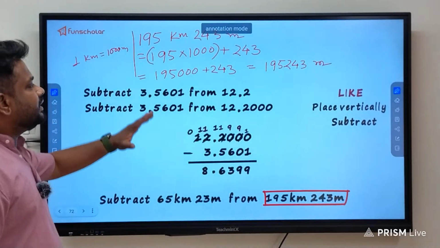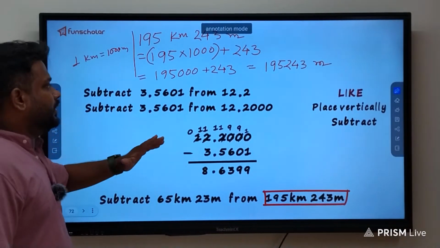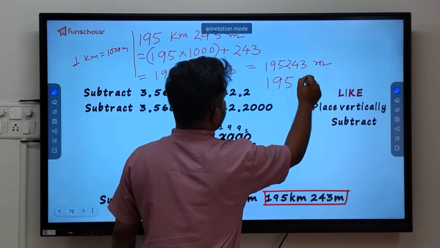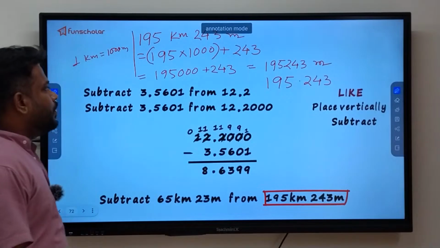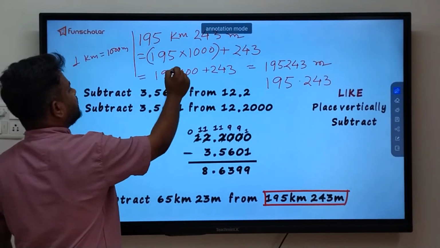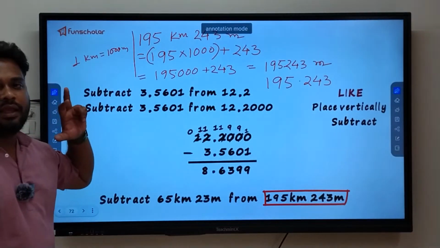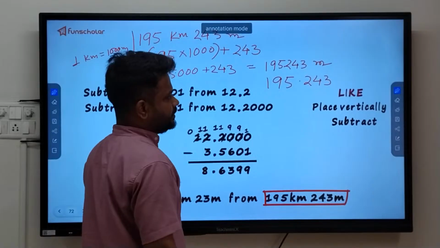Okay, but just look at it carefully, that we can write this number like this. Okay, because just think that it has a point at the end of it, and then add these two numbers.